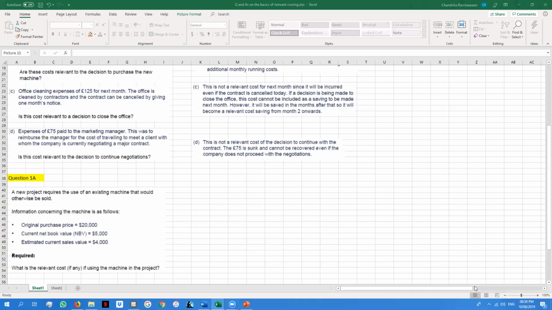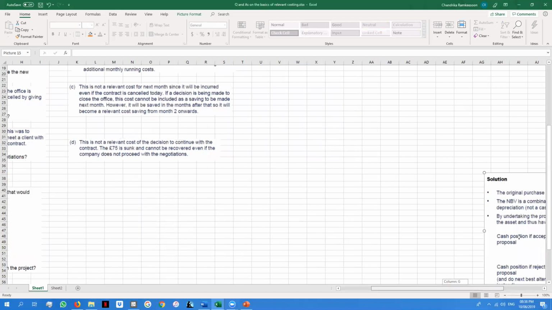Let's take a look and see what the answer says about that. Notice the question is, what is the relevant cost, if any, of using the machine in future?